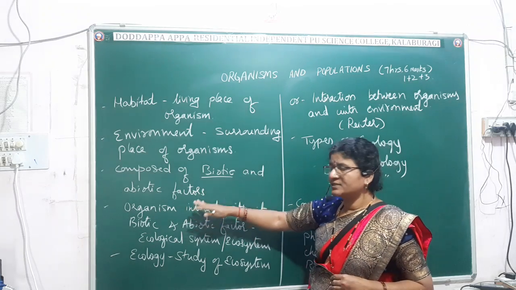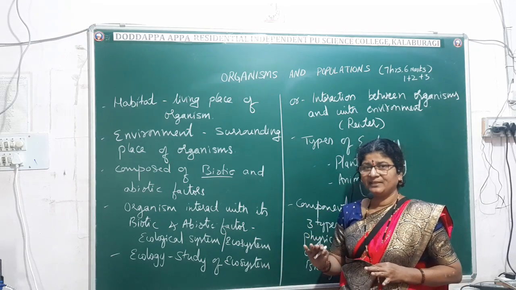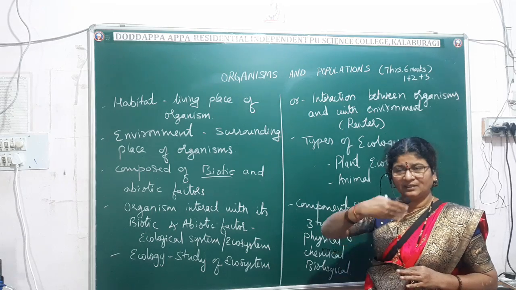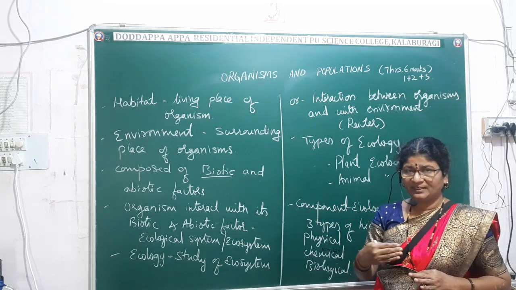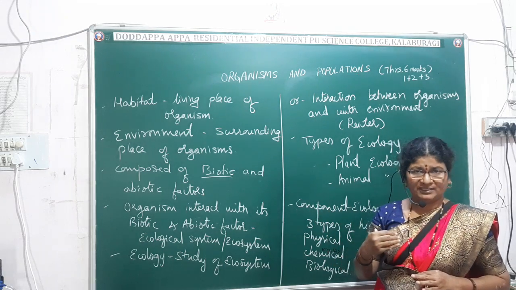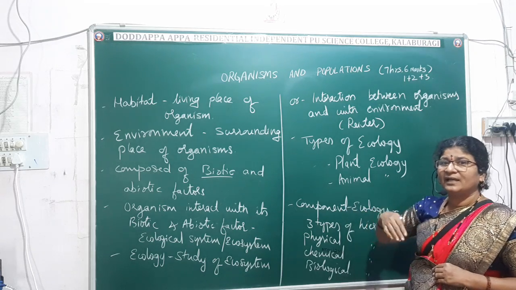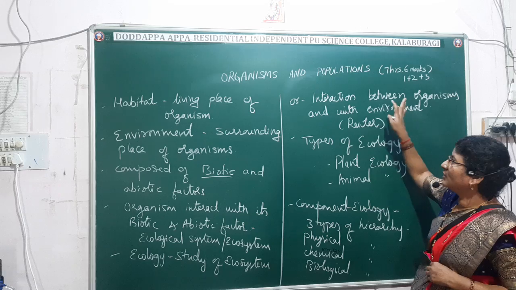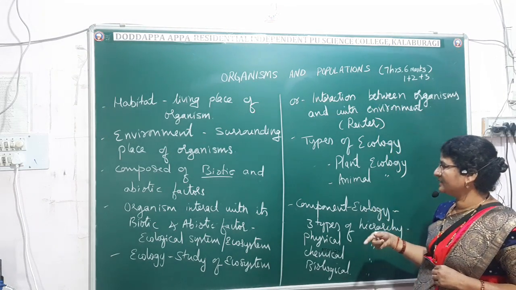Whatever organism you take, when it lives in its habitat, it will be interacting among itself, among other animals and other living organisms. Along with that, the environmental factors also will be affecting. So the interaction between organisms, other organisms and the environment is called ecology, and the system is called the ecosystem.